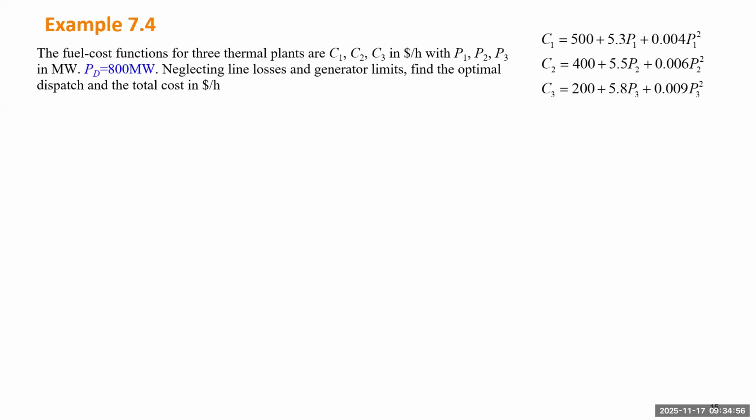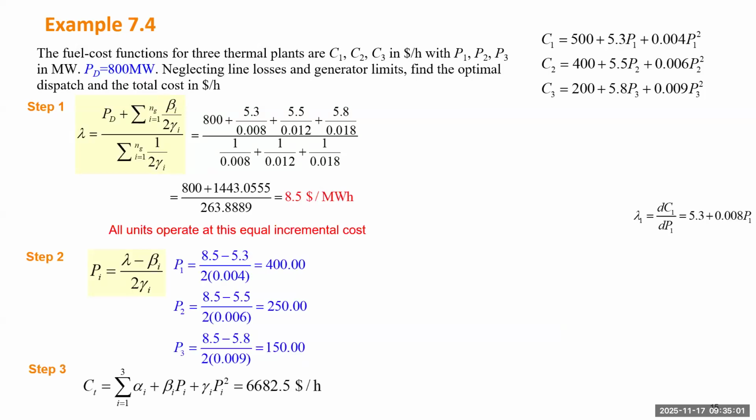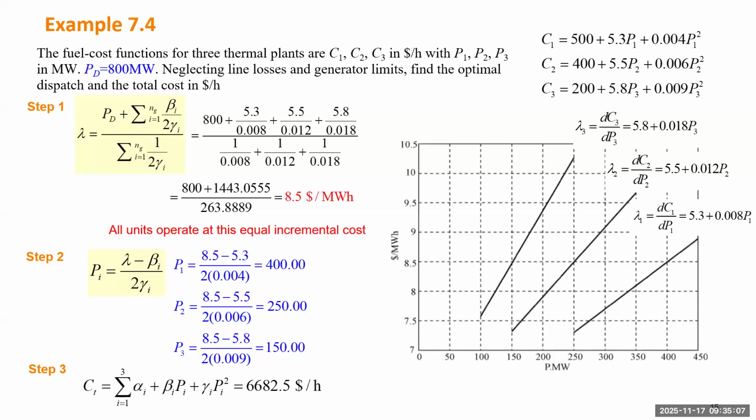Another homework problem. This is just an example showing how to work through steps 1, 2, 3 to get the lambda, P, and cost. Before we determine the value, each one is a linear function, which means every generator can have a different price function. Like for instance, this one, when we increase P at the same speed, its cost increases slower than the other two.